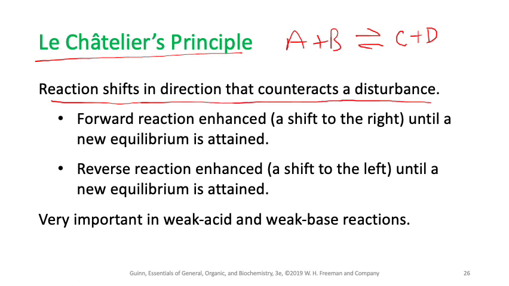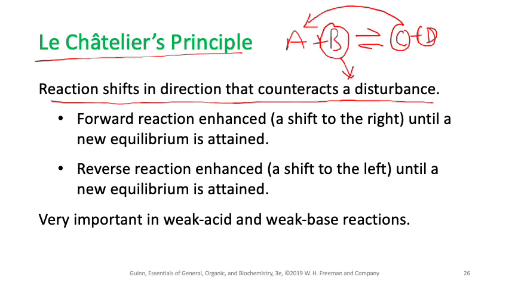For example, if I remove B from the reactant, that means I am giving some disturbance to this reaction which is at equilibrium. Then C and D will react together and the reaction will move backward to produce more B, because you disturbed the concentration of B, right?